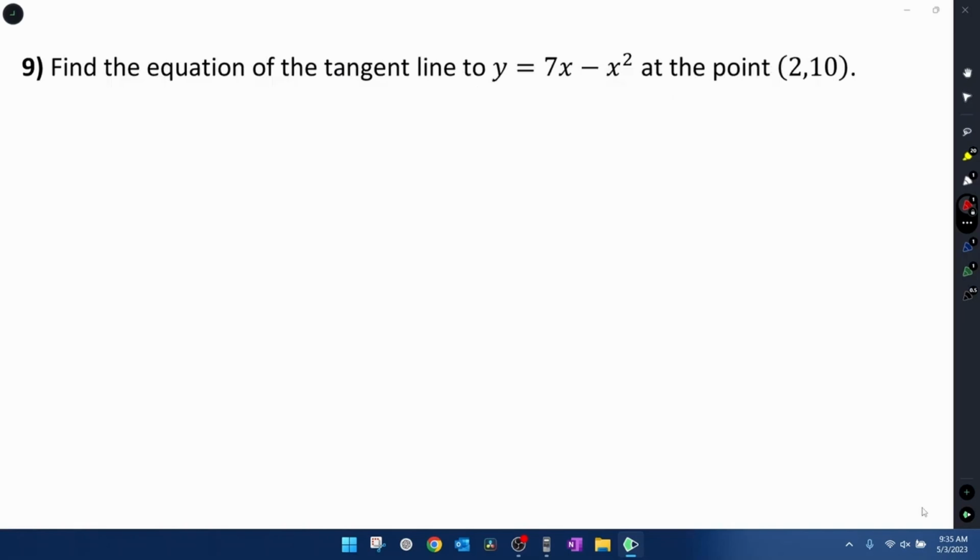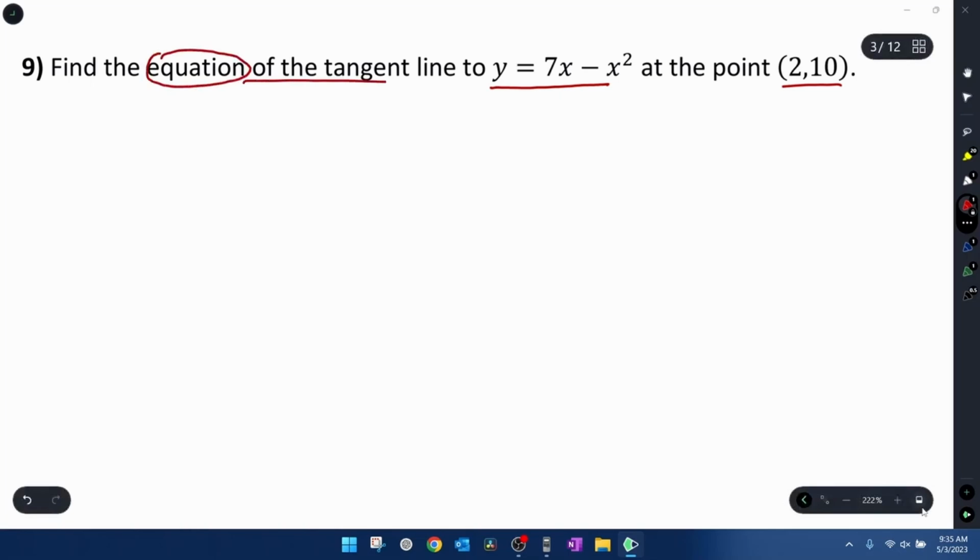Next, number 9, find the equation of the tangent line to this curve at this point. So our equation y equals 7x minus x squared at the point 2, 10. Now remember, to find the equation of the tangent, we first need to find the slope of the tangent. And that means that we're going to have to find the derivative.